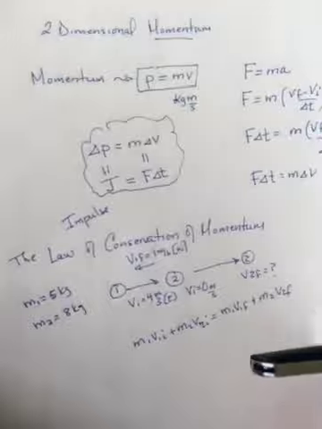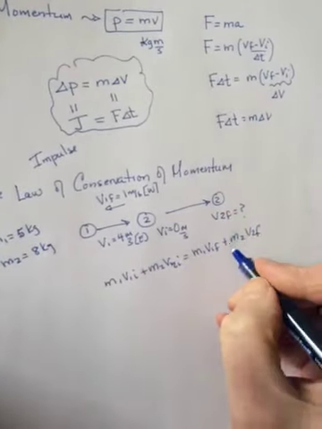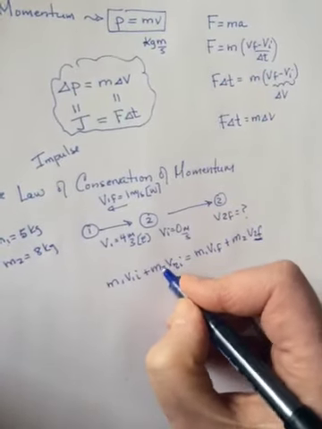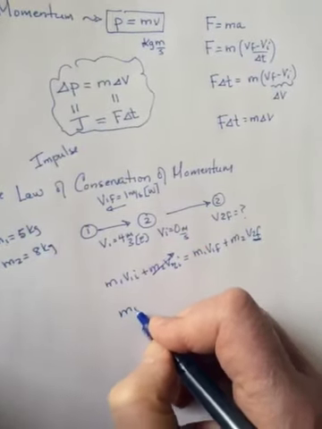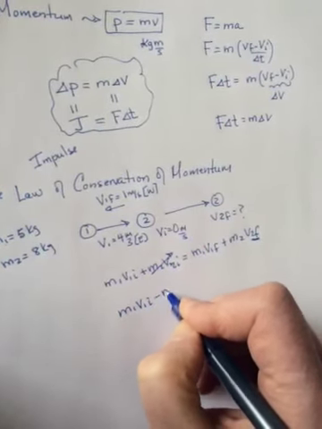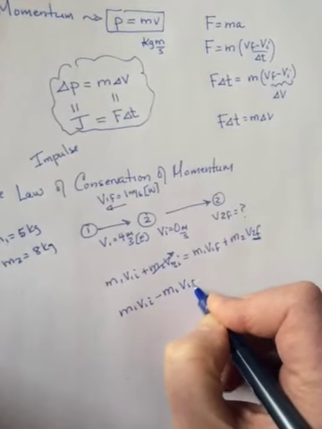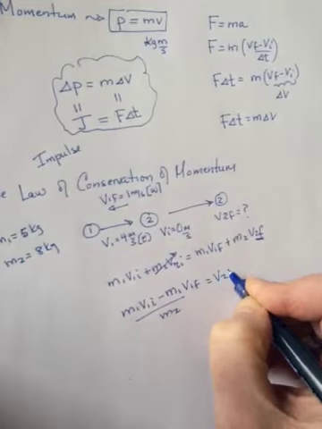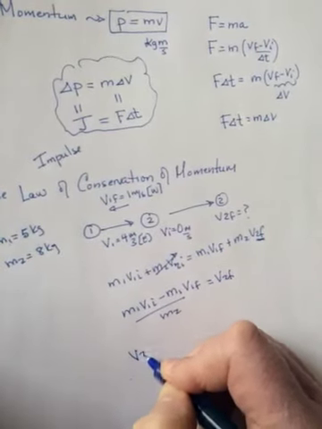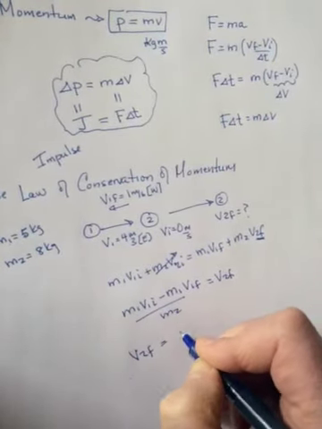And then we could solve this for v2 final. This term would go to 0 because it was stationary. We'd bring the other m1 over, so it would be minus m1 v1 final. And then you would divide by m2 to get v2 final. Remember doing this? And then you had to look after your directions.